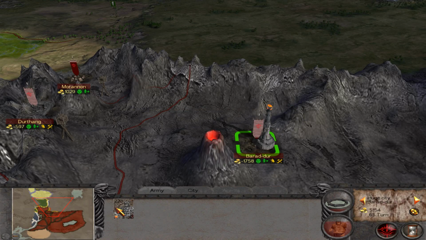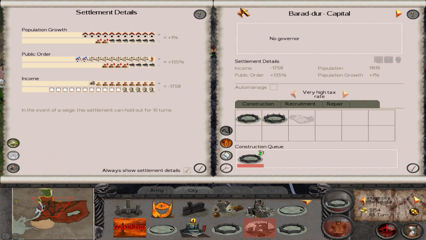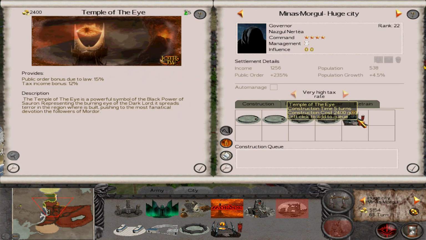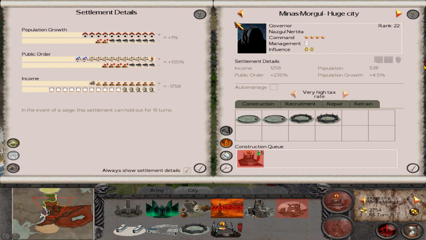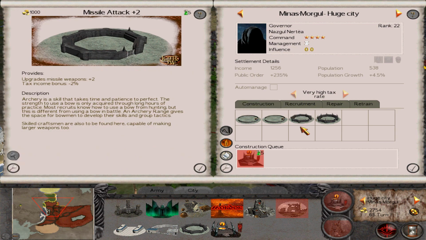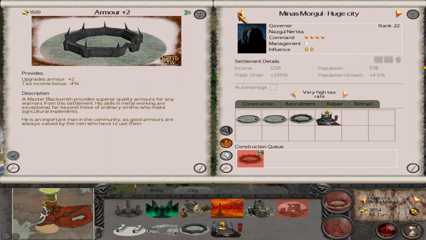Okay. So construction, Minas Morgul. Let's go for a Temple of the Eye. No, we will go for the upgrades. Armor +2.